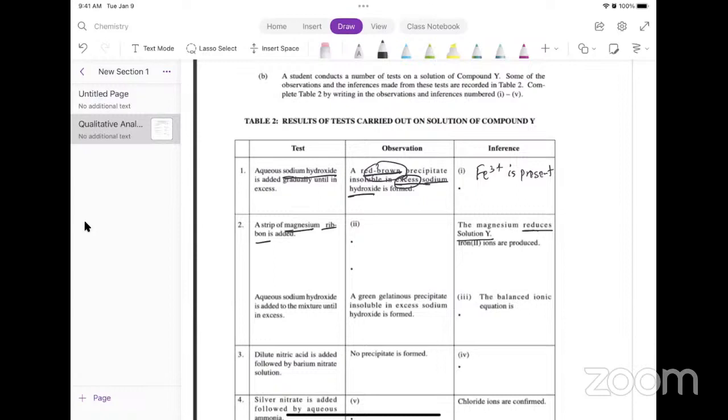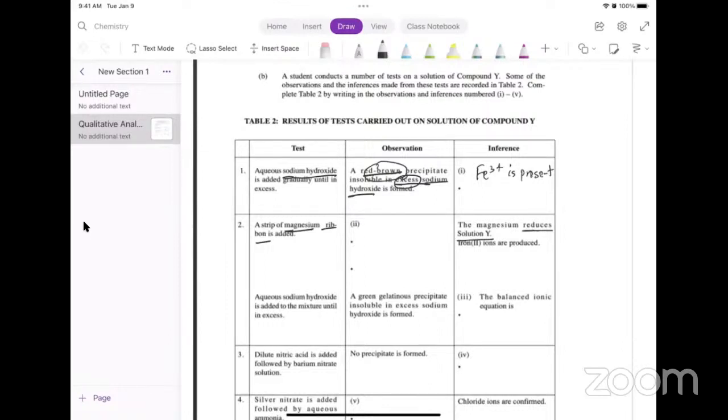But again, they're asking you to link information we know to the unknown, with the qualitative part of chemistry. So some of these questions are pretty straightforward. Some of them are very different, but that's what happens with adding this strip of magnesium ribbon, right?